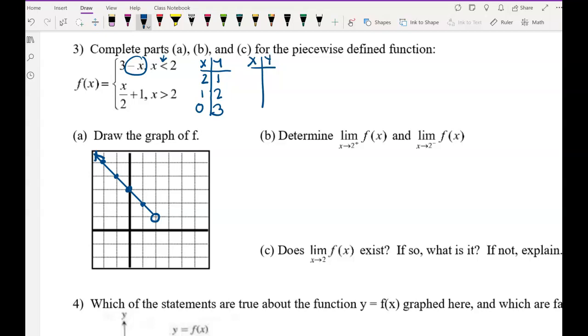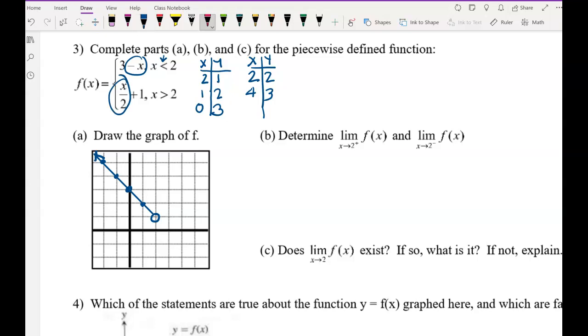We again pick a value of 2. It's still going to be an open circle. So 2 divided by 2 is 1 plus 1 is 2. Then I'm going to pick smart values bigger than 2 that are divisible by 2. So 4 divided by 2 is 2, 2 plus 1 is 3. We can think of this as the slope being 1 over 2.